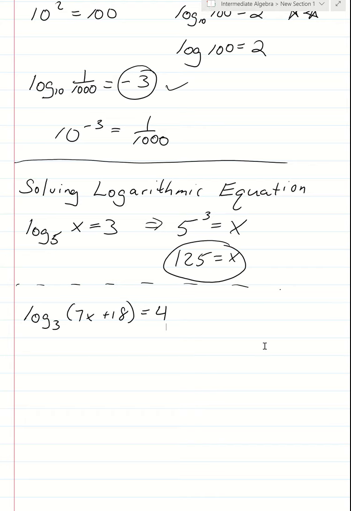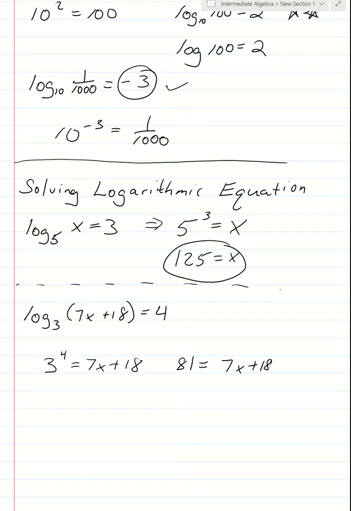When we write this in exponential form, we would want to say that 3 to the 4th power would have to equal the 7x plus 18. Well, before we could do anything to solve for the variable x, we first have to figure out what 3 to the 4th power is. Well, 3 to the 4th power, that's 81, equals 7x plus 18.